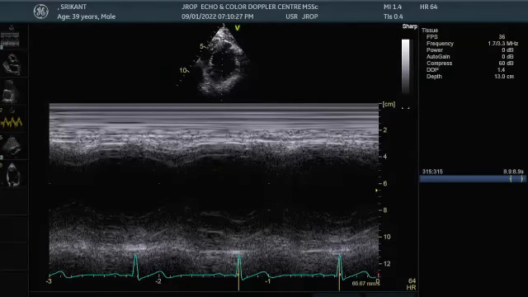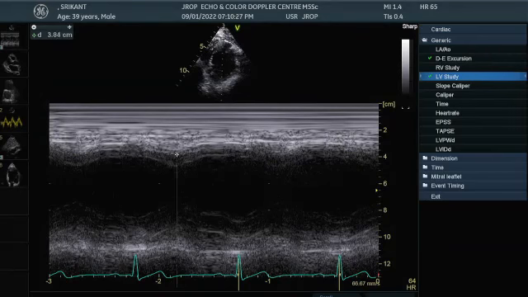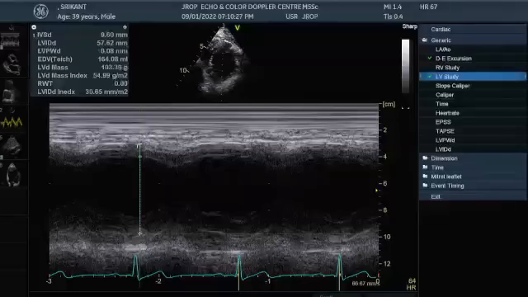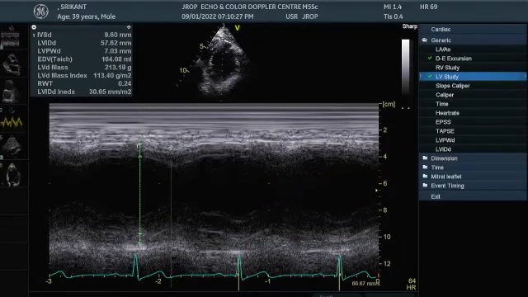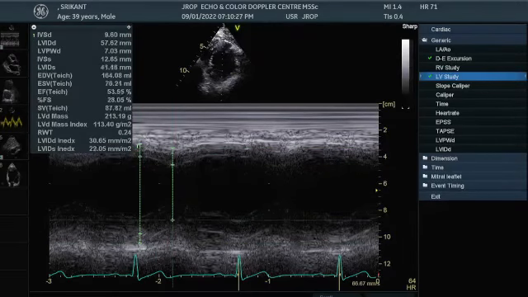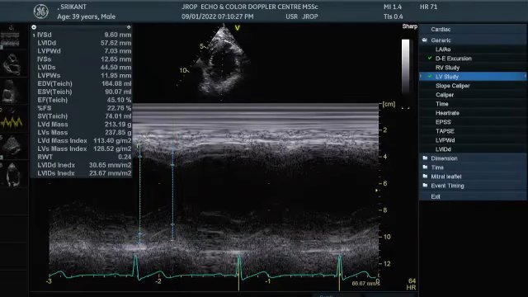Look, in this subject, I'm going to calculate my LV functions now. This LV function is not for anything else. I'm going to calculate it for my left ventricular hypertrophy. I don't take the slow measurements, first of all. Now look, there's a value known as RWT, right? Then we have LV mass.